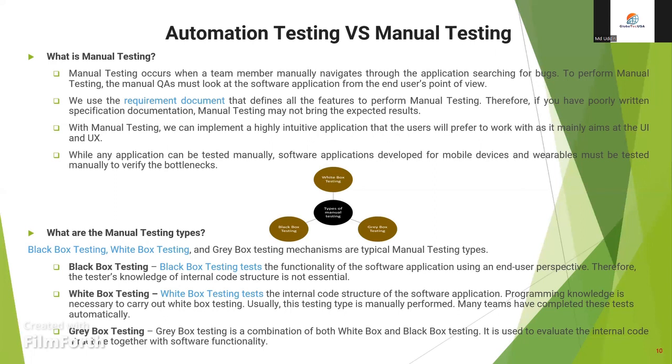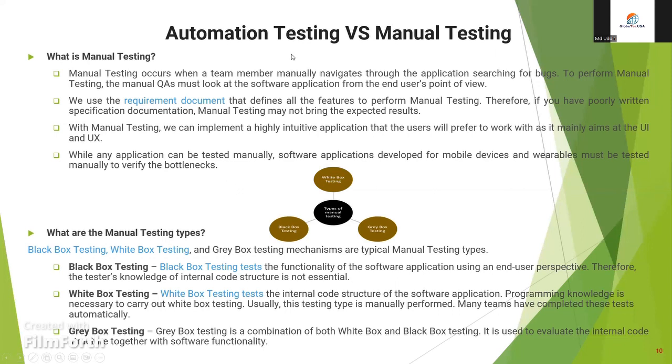If you are working on manual and automation, you can call it gray box testing, because you know the code and the functionality of the application. So these are the types of manual testing: black box, white box, and gray box.